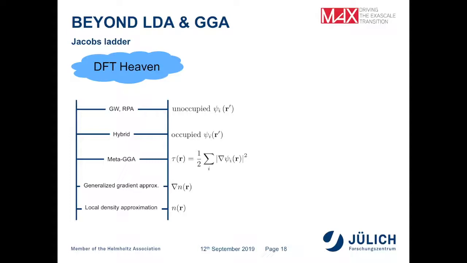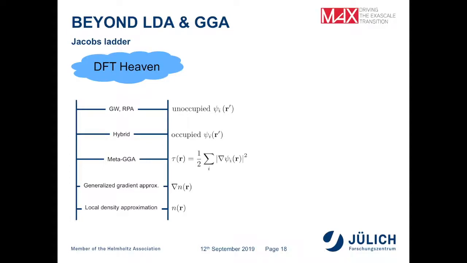The next step would be to include the kinetic energy density, where you have some orbital dependence. And then you go to non-local functionals. So here they start to depend on R prime. And beyond this, I think Christoph is going to introduce you to this.